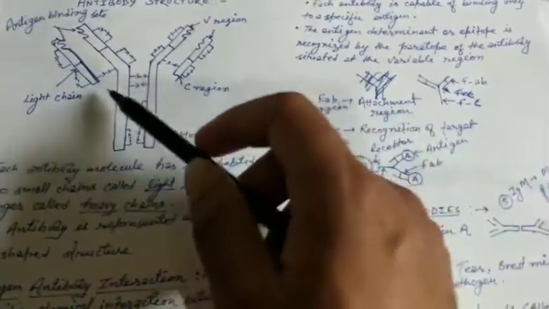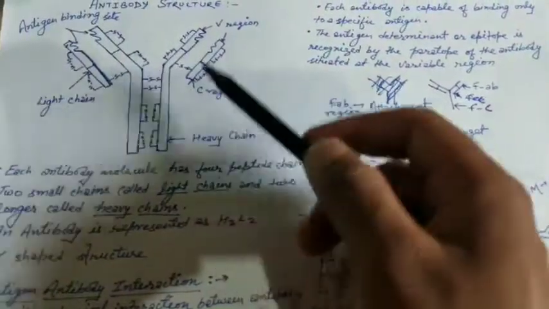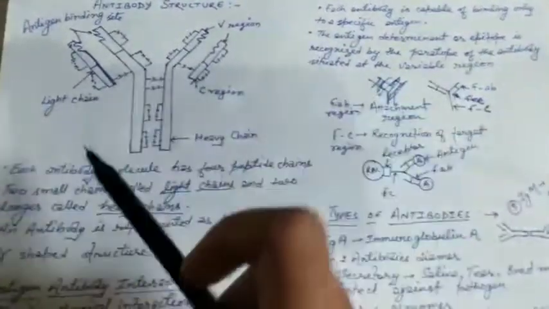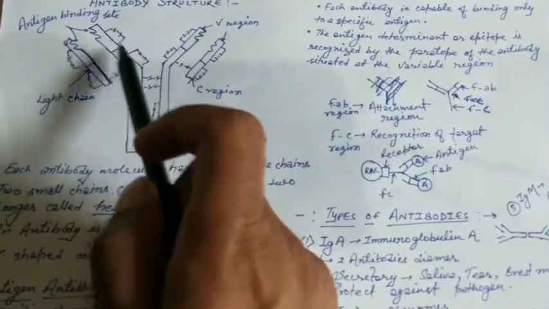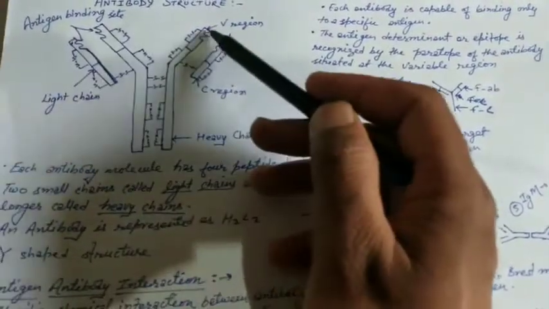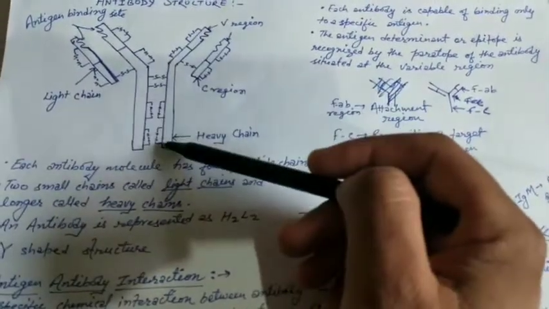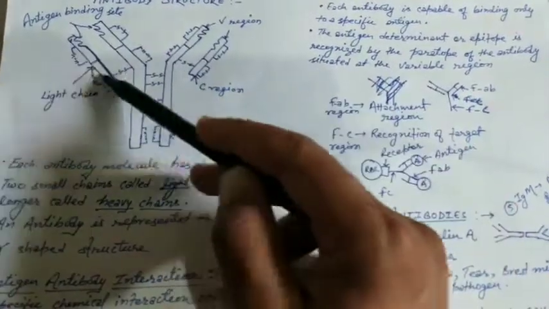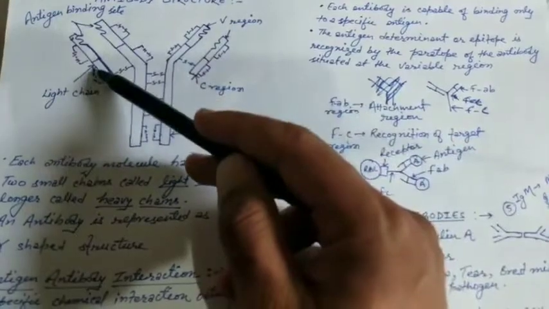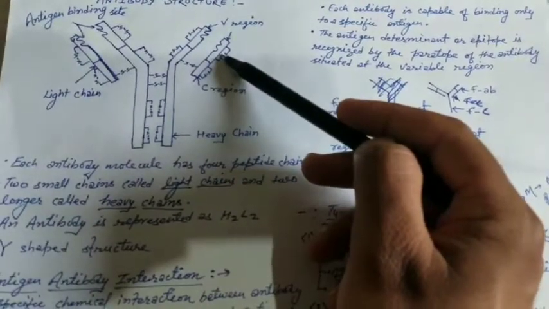So these are usually protein chains. Protein is polypeptide chain. So if you look at the structure, this one and this one, these two chains are longer in length, while this one and this one, these two chains are shorter in length.